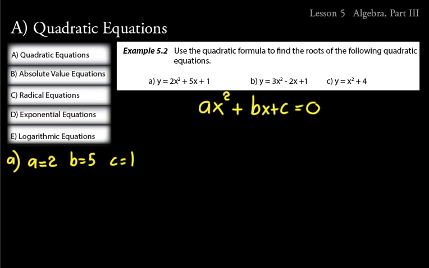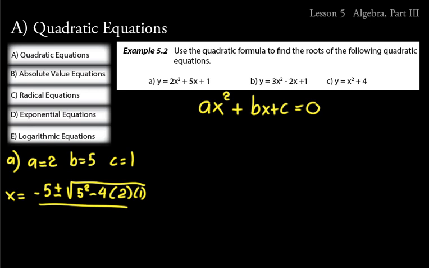And so for the quadratic formula, we have x equals negative b, or negative 5, plus or minus the square root of b squared, so that'd be 5 squared, minus 4 times a, which is 2, times c, which is 1, all over 2 times a, or 2 times 2 is 4.